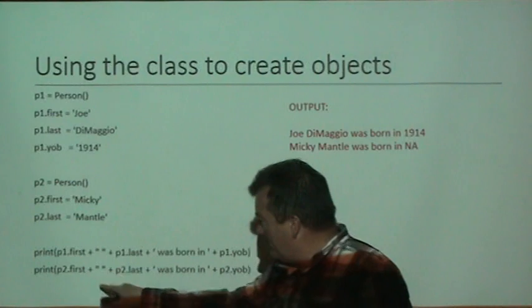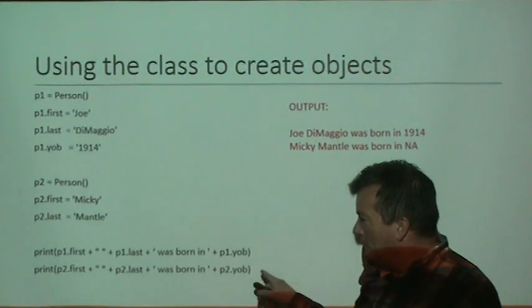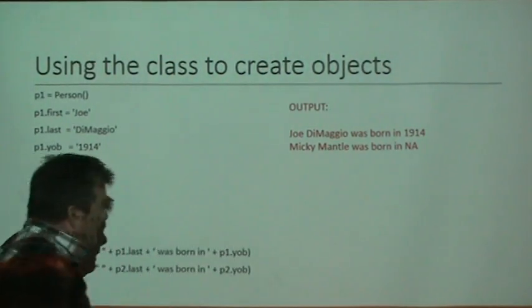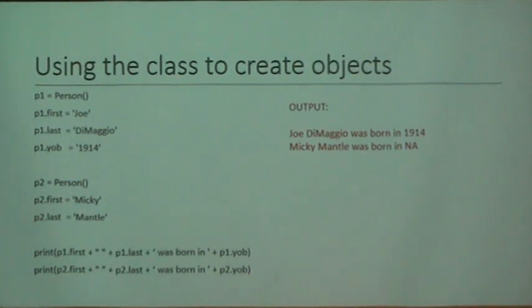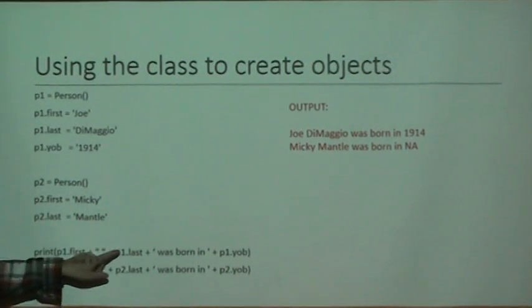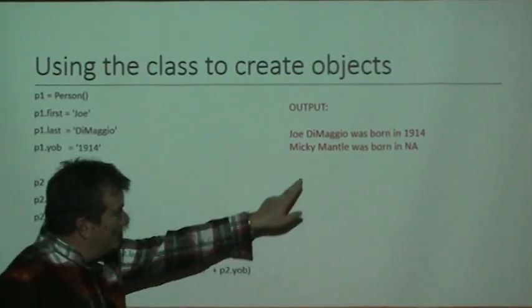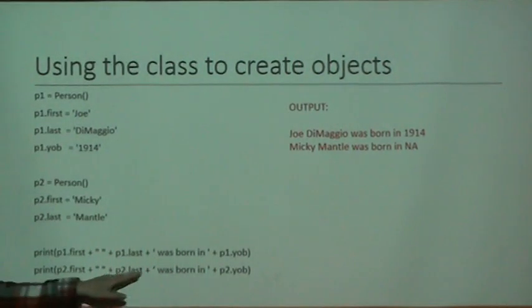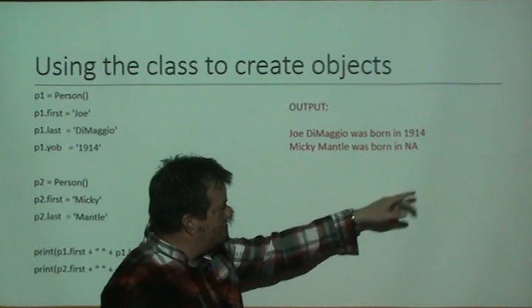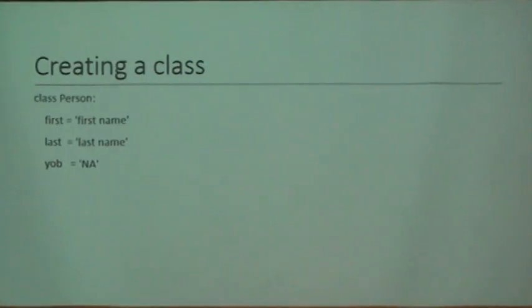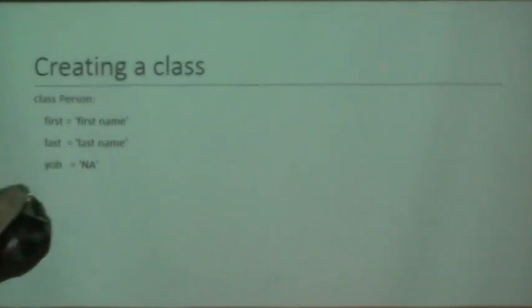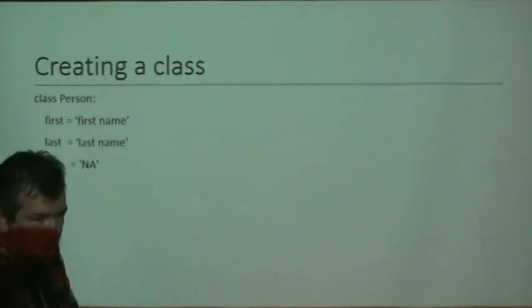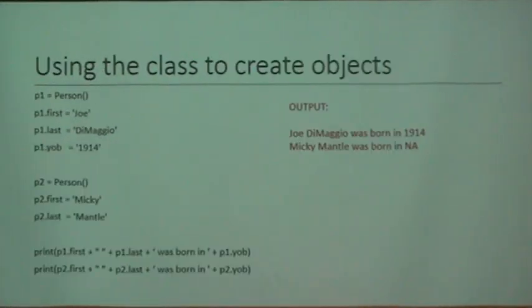If I then printed out their first name, last name, and the year they were born, this would say Joe DiMaggio was born in 1914. And Mickey Mantle was born in not available. Not available? Yeah, not available. So I supplied default values. You could come along and change them later, but if you don't, I throw in some defaults for you.